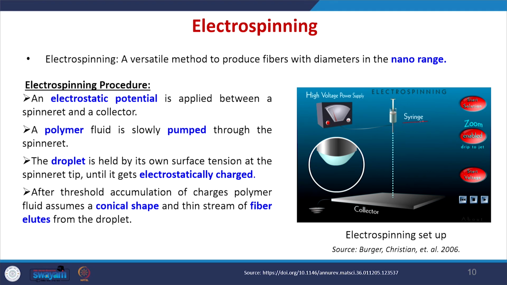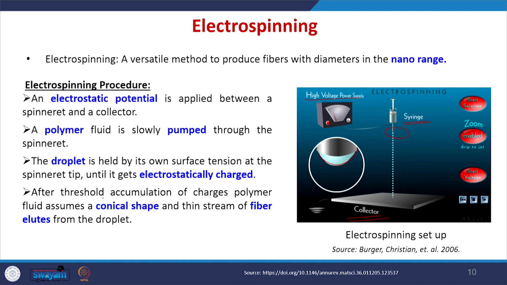Here the syringe is loaded with the polymer, and when you apply the high voltage power supply to the spinneret, what happens is an electrostatic potential is applied between the spinneret and collector, and the polymer is slowly pumped out through the spinneret, and the droplet is held by its own surface tension at the spinneret tip until it gets electrostatically charged.